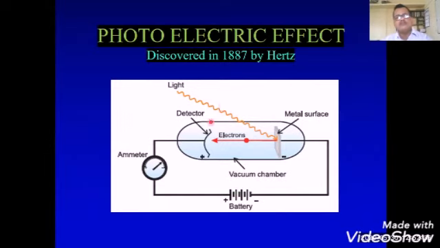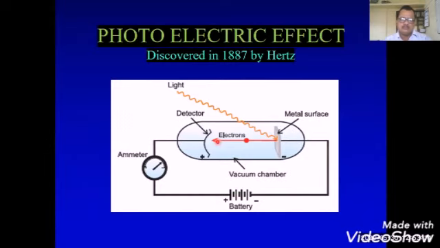If we cut off this light, so no light falls upon the metal surface, there will be no deflection in the ampere meter, which means no electrons are ejected. This phenomenon was observed by Hertz in 1887.